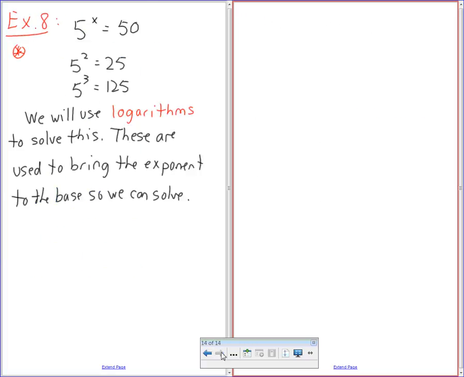Okay, so all we're going to do is this. We're going to write log of 5 to the x equals log of 50.